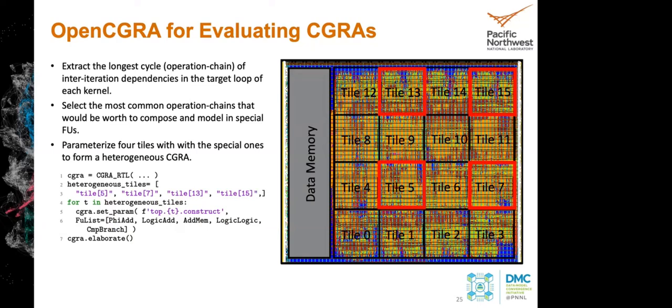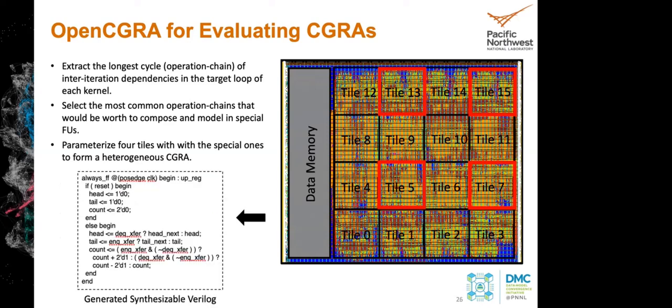The code shows that only a few lines of Python code can help you specify the functionalities of specific tiles to form a heterogeneous CGRA. And finally, OpenCGRE can generate the corresponding synthesizable Verilog of your target CGRA design.